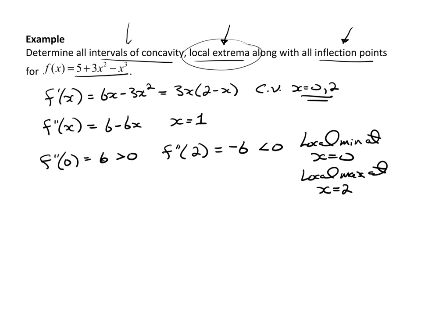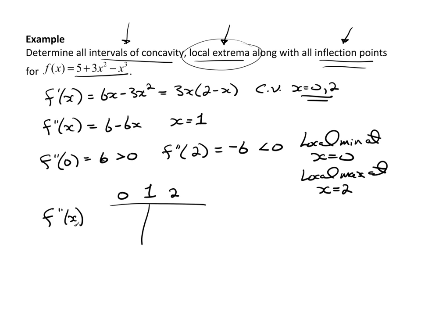So let's see, I've determined the local extrema. I need to confirm the intervals of concavity and the inflection point. So I'm going to go back to the second derivative. And the second derivative had a critical value of 1. So what I want to do is take a look at values to the left and to the right of 1. So how about 0 and 2?